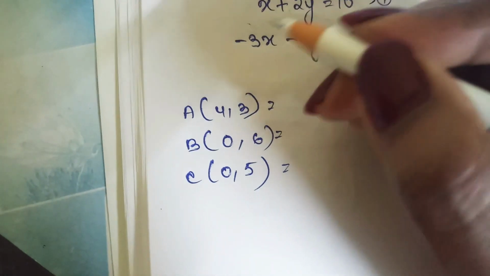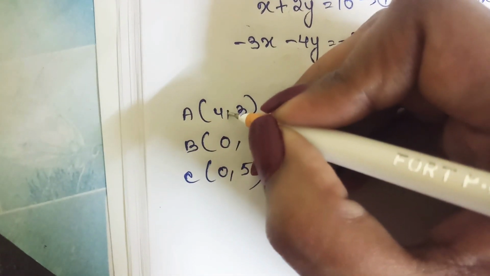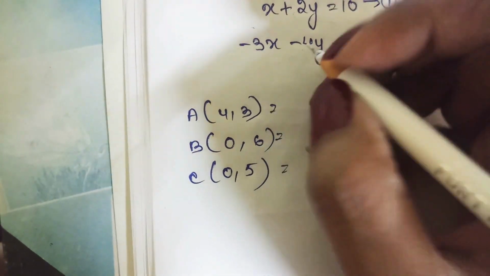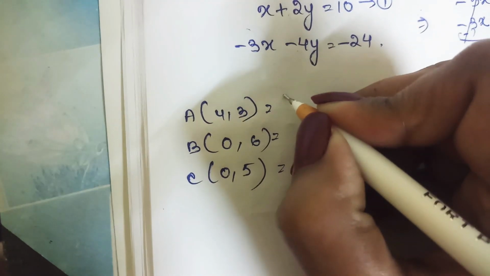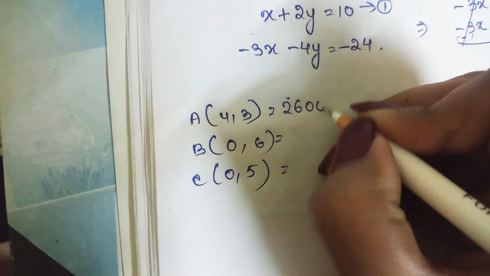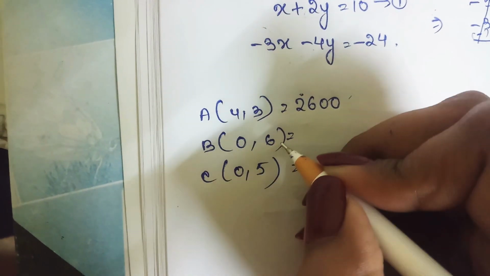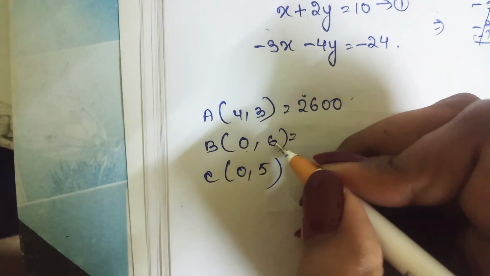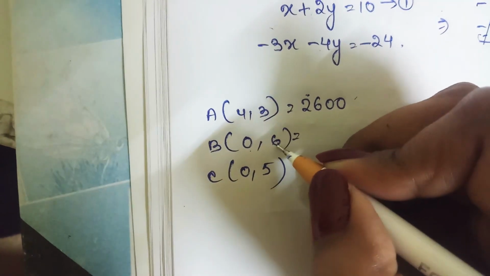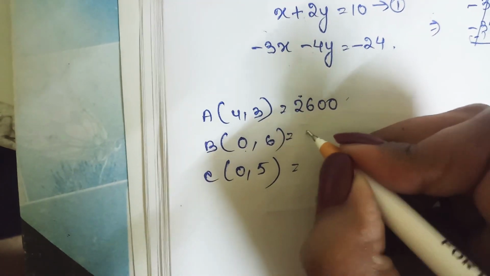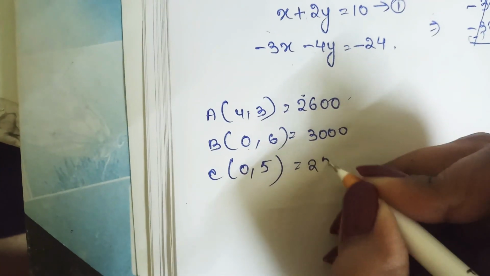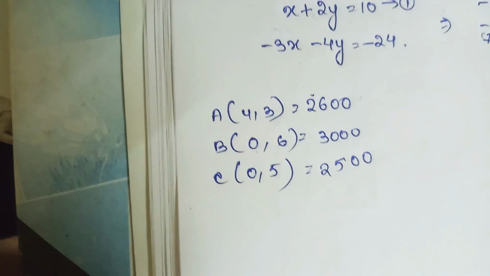So if I put 200 into 4 plus 500 into 3, I will get the value as 2600. Similarly for the second one, if I put 200 into 0 plus 500 into 6, I will get the value as 3000. And for the last one, in a similar manner, I will get it as 2500.